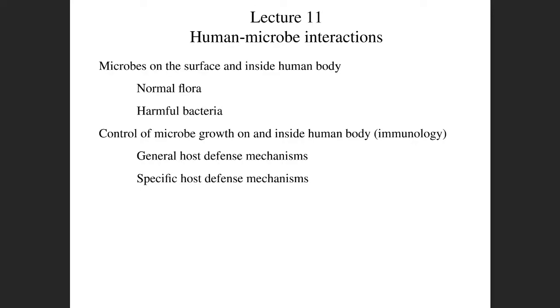Specific, in contrast, applies to specific bacteria or microbes, which means for the specific host defense mechanism to work, you will have to identify which microbes you are trying to control.